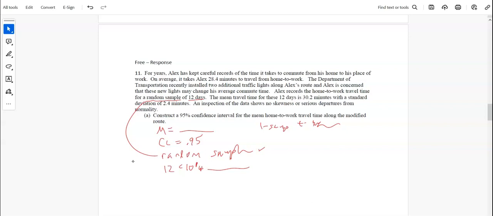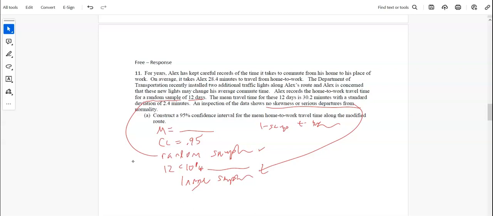The sample size is small, and it says it shows no skewness or serious departures from normality. So large sample condition, I guess we just reference that. We don't have a graph to draw on there.